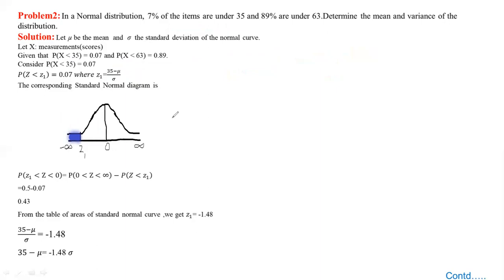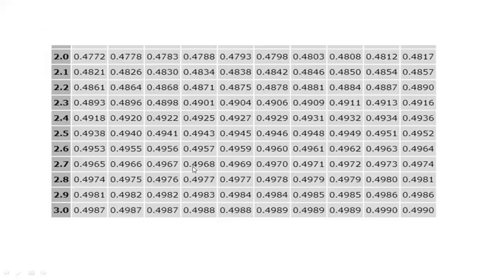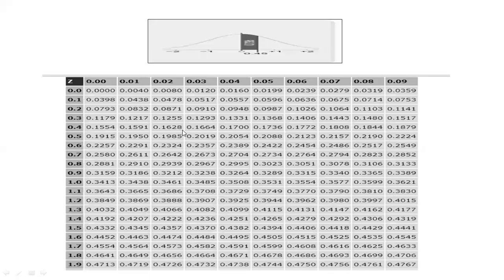We have to find 0.43 in the table. The nearest value to 0.43 is 0.4306, which is row 1.4 and the decimal is 8.